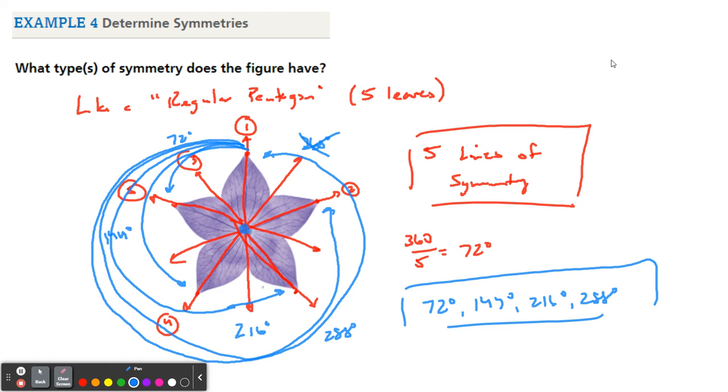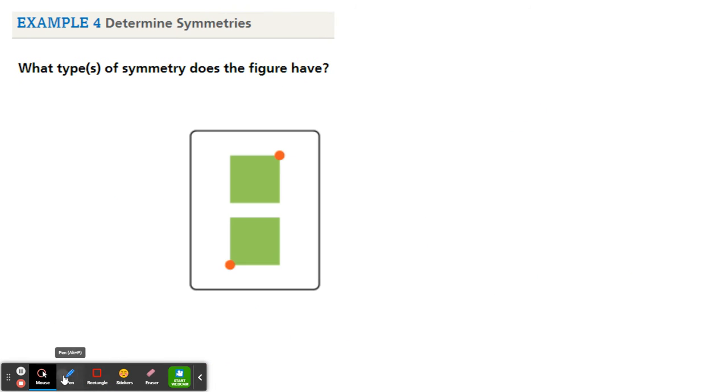Okay, so again, regular figures have a lot of nice symmetry. All right, next one here. What type of symmetry does this figure have? So this is a rectangle. Now the issue here is that you have this pattern on the inside. If this was just a rectangle, this object would have some lines of symmetry.